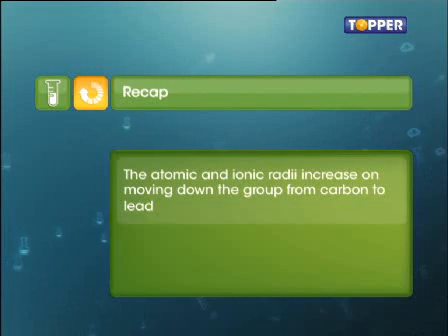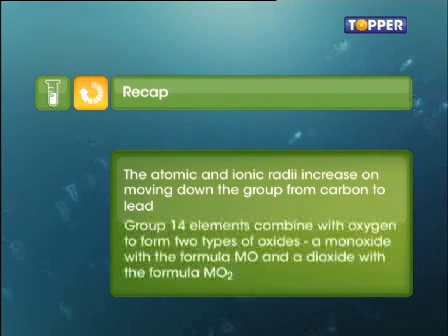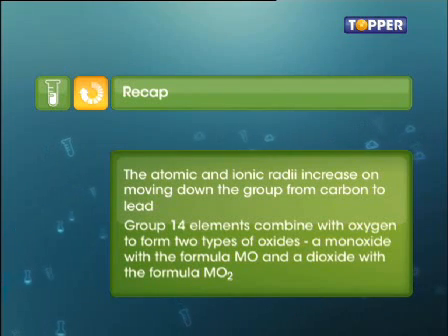The atomic and ionic radii increase on moving down the group from carbon to lead. Group 14 elements combine with oxygen to form two types of oxides, a monooxide with the formula MO and a dioxide with the formula MO2.